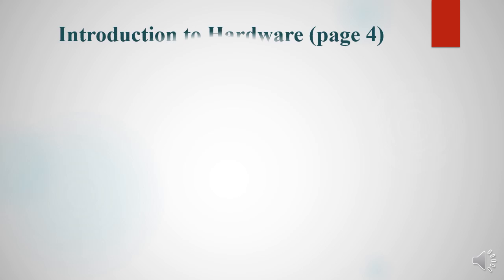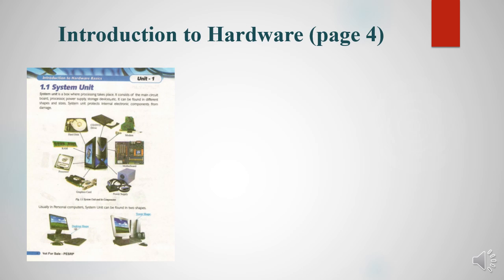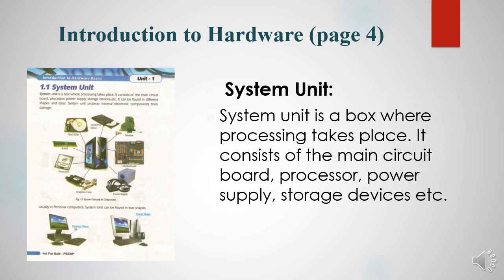Now page number 4. In this page, here is the definition of system unit. System unit is a box where processing takes place. It consists of the main circuit board, processor, power supply, storage devices, etc. Let's explain it.